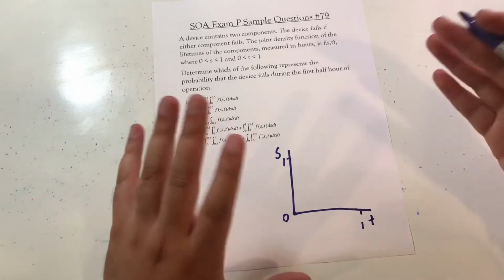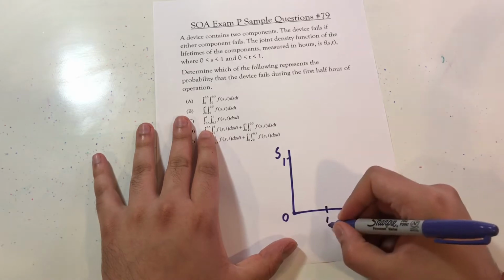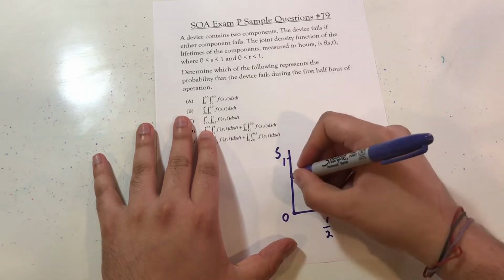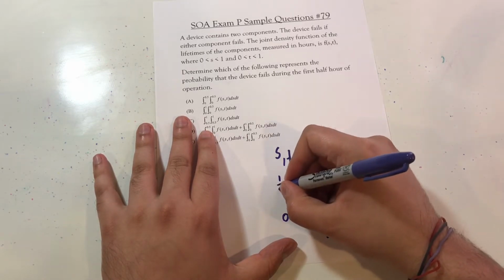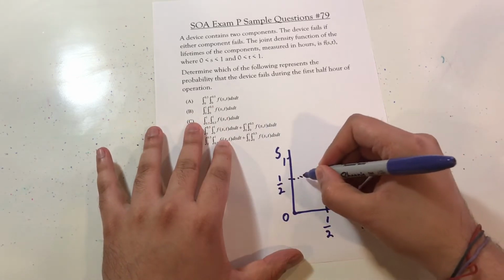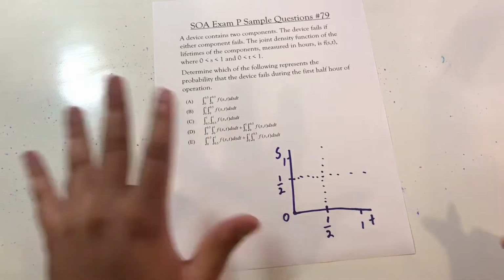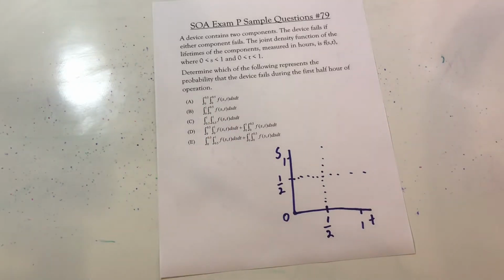And the device fails if either component fails. So T can fail at time 1/2, and S can fail at time 1/2. I'm going to draw a little dot here, and you might be able to see we've split this graph up into 4 sections.